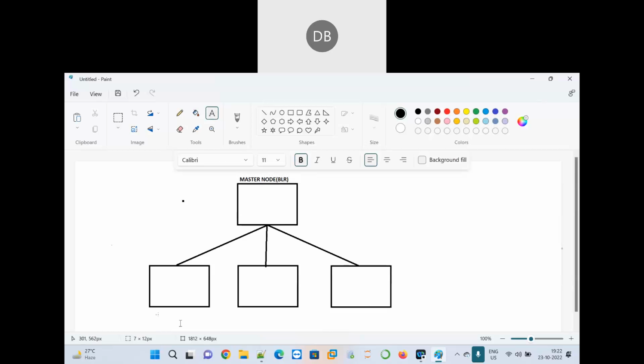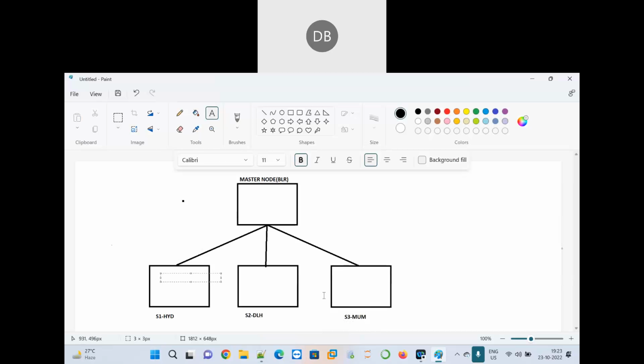Then another node is there, S1, in HRD. Next is S2, in Delhi. The next one, let's say, is in Mumbai. These are the different nodes.